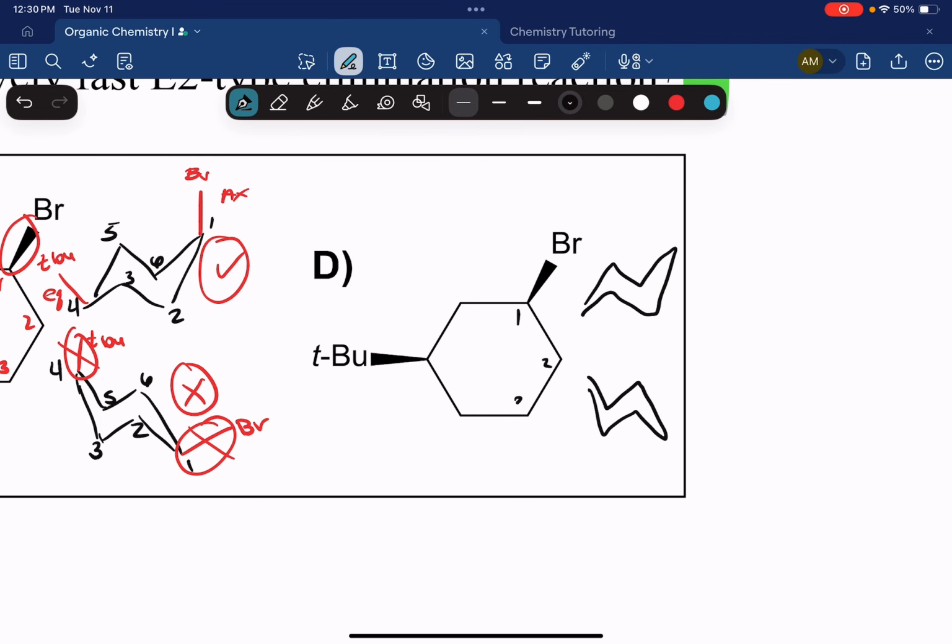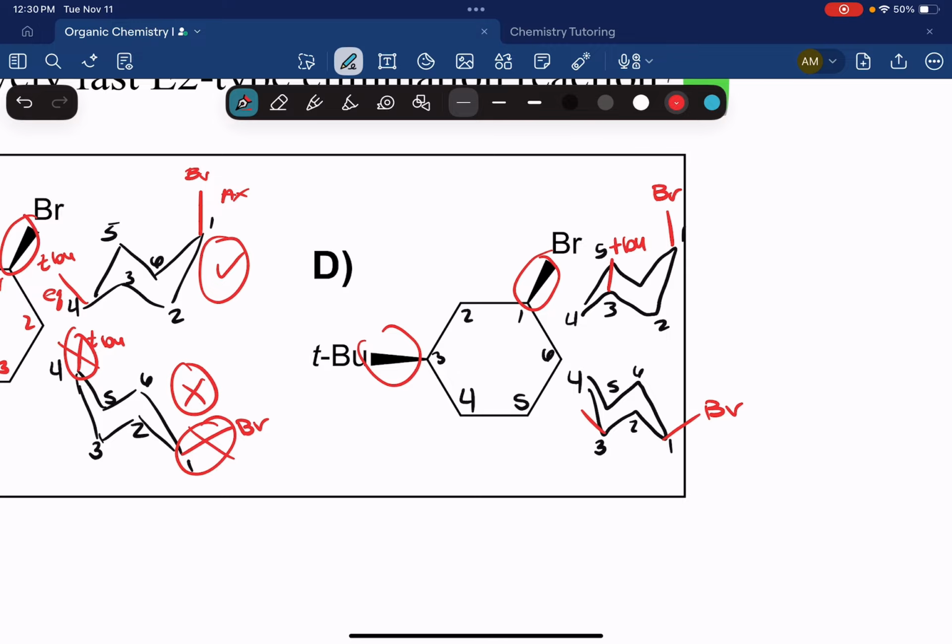1, 2, 3, 4, 5, 6. Okay, so our bromine, up, bold wedge, up. Tert-butyl on 3 is going to be also up.